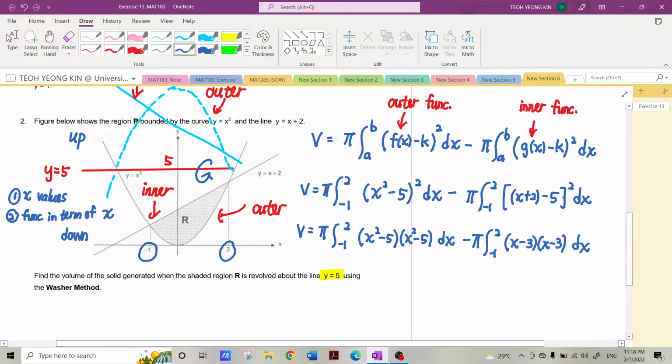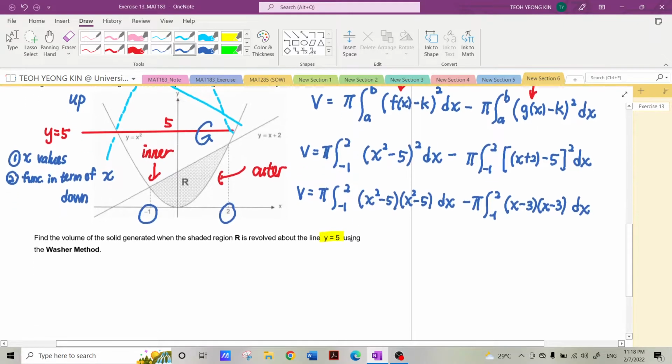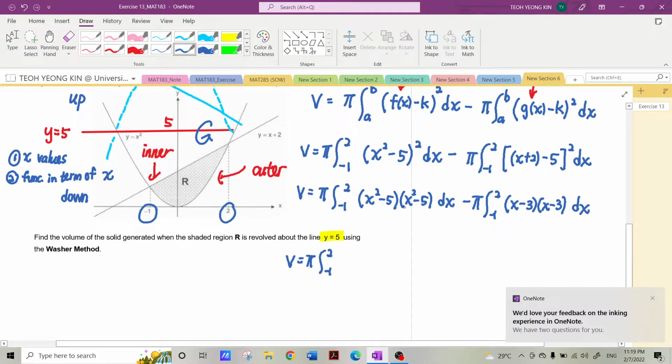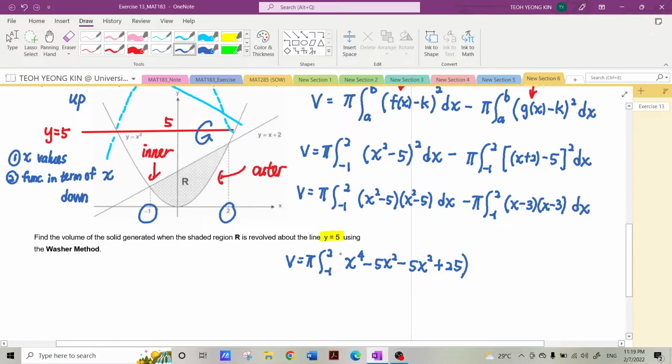Then we try to expand before we integrate. So x squared times x squared is x to the power of 4. x squared times -5 is -5x squared. -5 times x squared is -5x squared. -5 times -5 is positive 25, with respect to x. Minus pi, integration from -1 to 2.